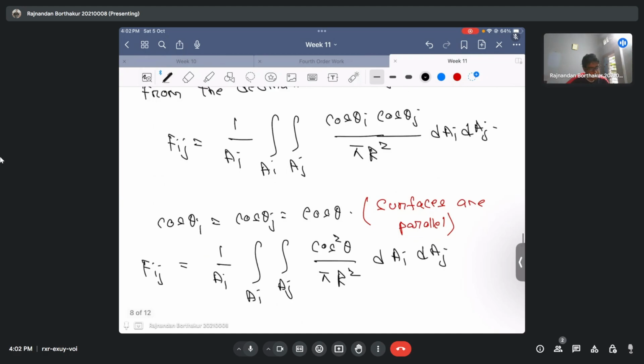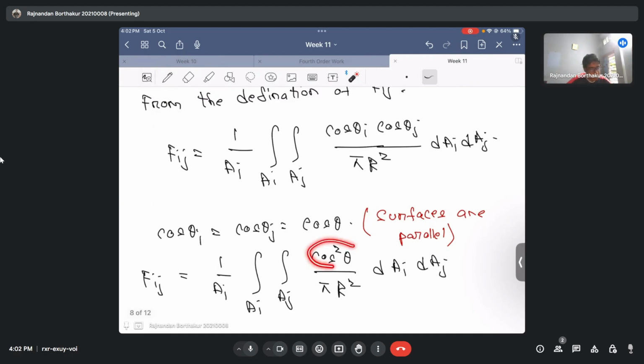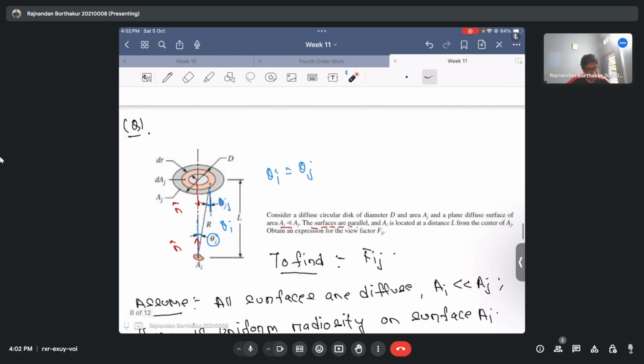And now this cos theta is either of these angles, or you can simply write that your cos theta is nothing but L by R, just from this geometry. Okay? Because it's obvious, right?